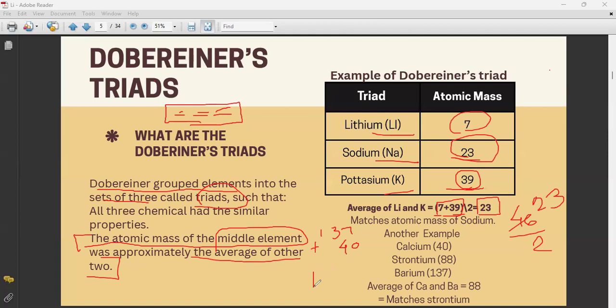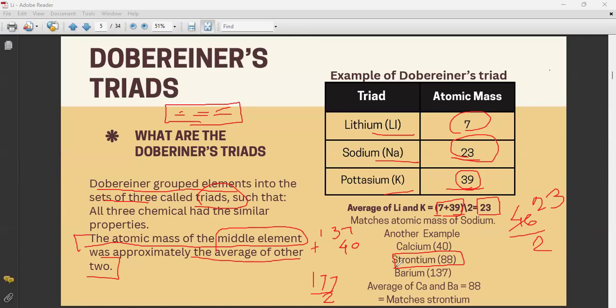When I divide 177 by 2, I get 88.5, which is approximately near the atomic mass of strontium, which is 88. So the average mass of calcium and barium is close to the atomic mass of strontium.